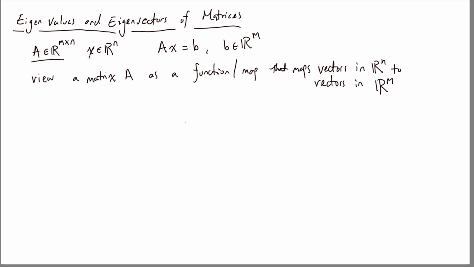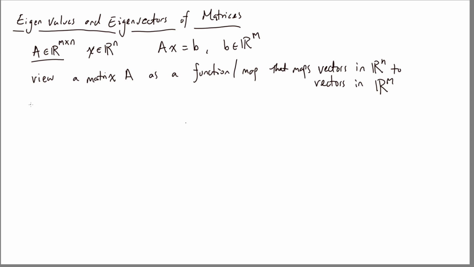Because look at what this is doing. A is just a function. It takes an input x, which is the n-dimensional vector, and it maps it to some vector b, which is m-dimensional. So you can think of the matrix A itself as an operator that operates on the space Rn and ends up in Rm. Okay.